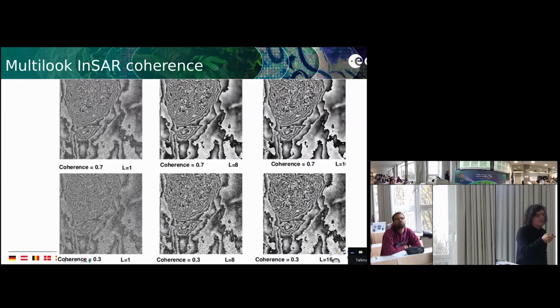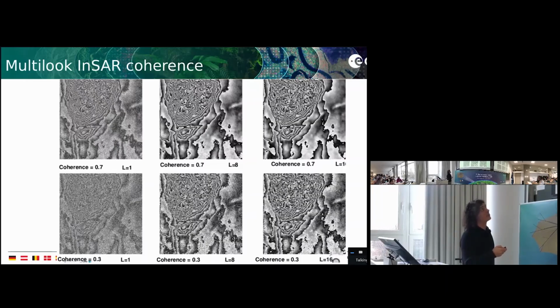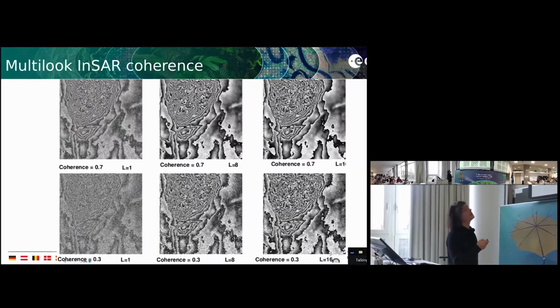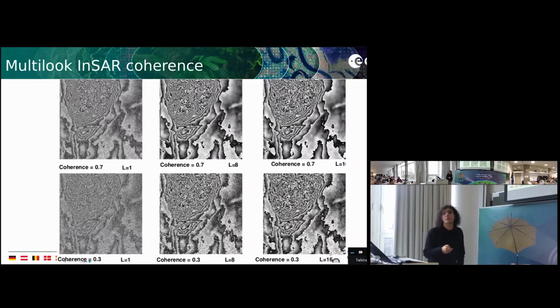Here you have the same results computed for a more realistic case, and you see that with 16 looks, 16 independent pixels averaged, in the case of a coherence of 0.7, we get a rather satisfying estimate of the original phase pattern.